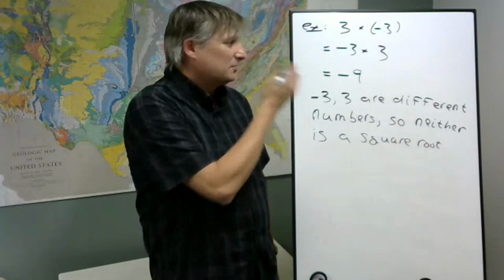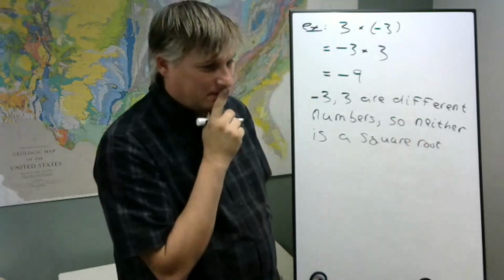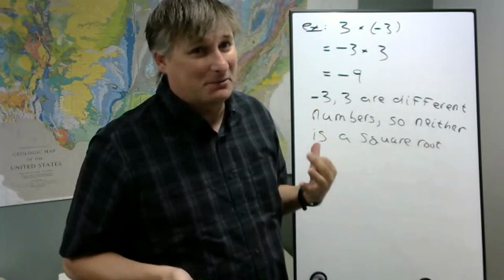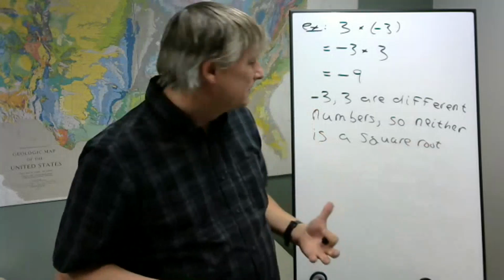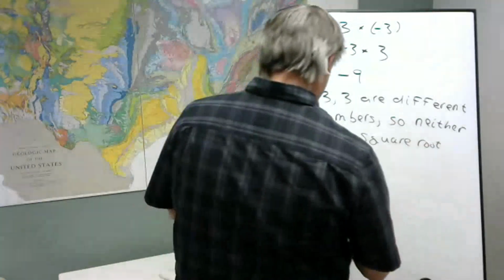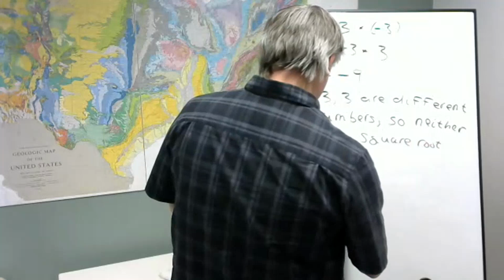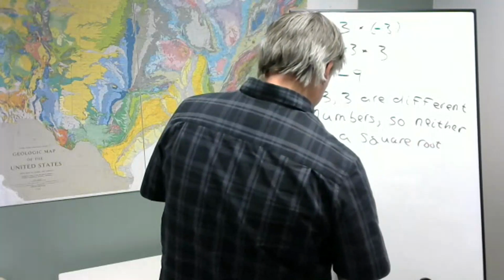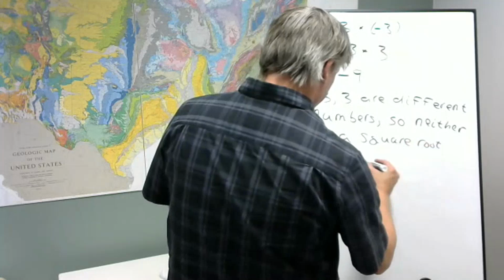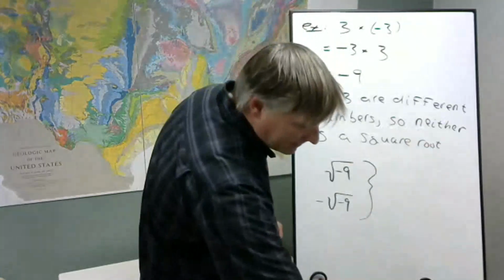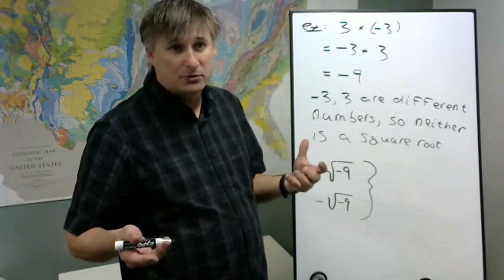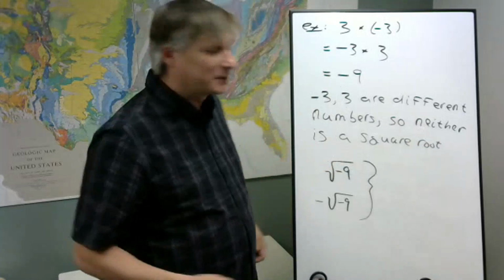So this is the closest we could get to, say, getting something that looks like it could be a square root, but really it's not. So what we'll say is that the positive or the negative square root of 9, and we want to be careful here, there's not a real solution, no real solution, or not a real number.